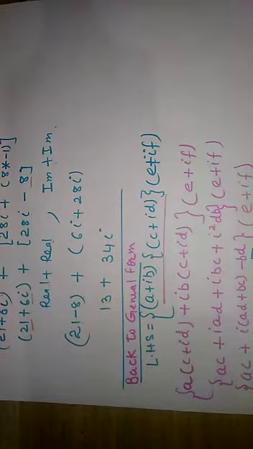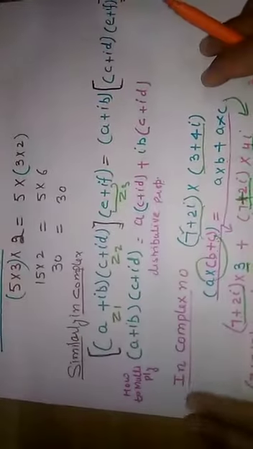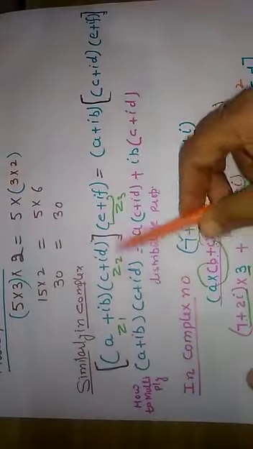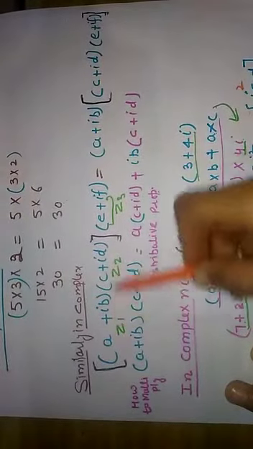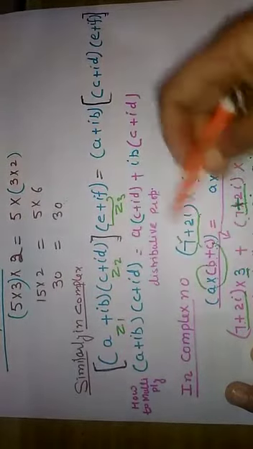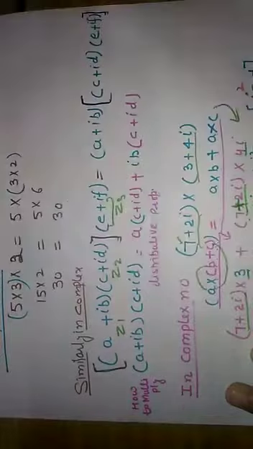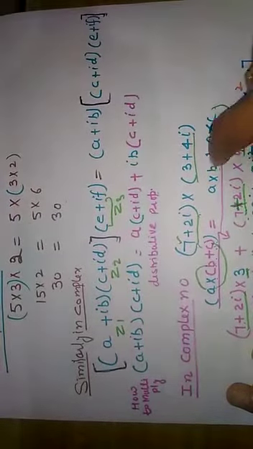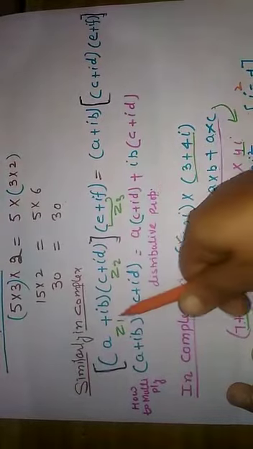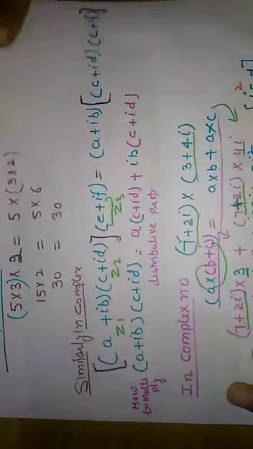What was the general form? In the general form we have taken the three complex numbers and multiplied. So how can these two complex numbers be multiplied? I have discussed the way to multiply two complex numbers. Using this distributive property, I will multiply these two complex numbers.